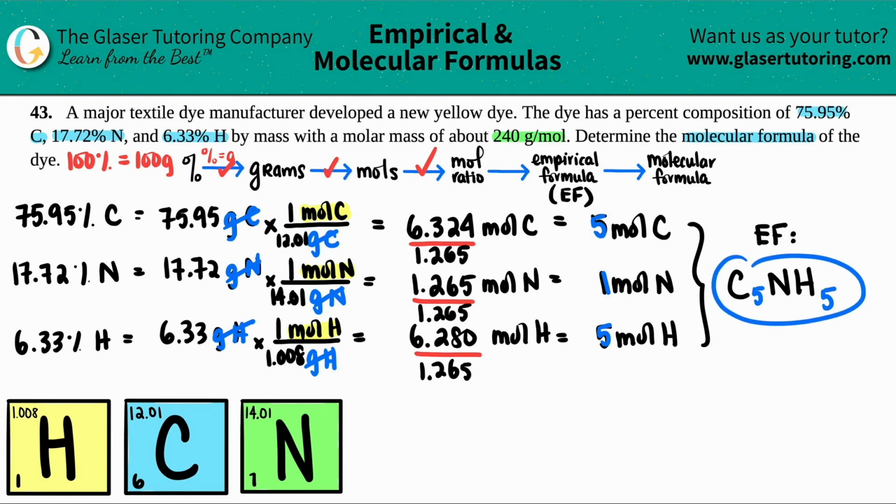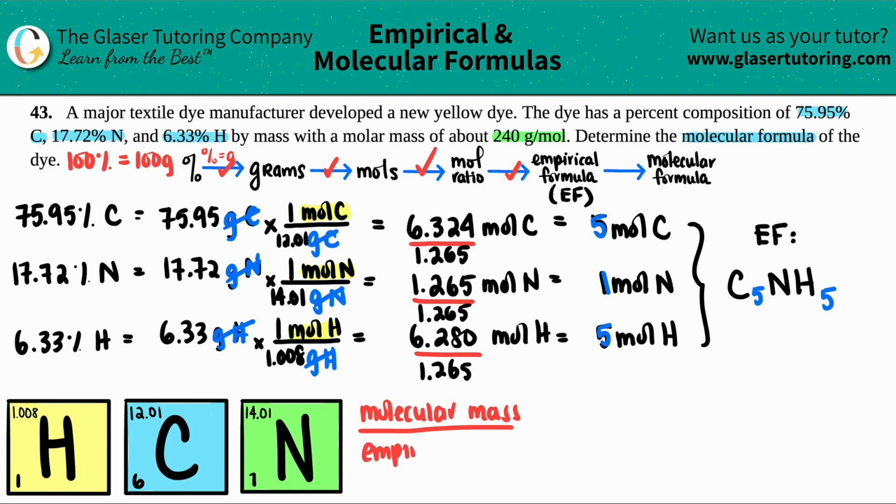empirical formula. But the question asks for the molecular formula. So we're almost there. We have the empirical formula. Let's just find the molecular formula. It's only one step more to do. What you're going to do is take the molecular mass of the compound, the molecular formula, and divide it by your empirical mass.